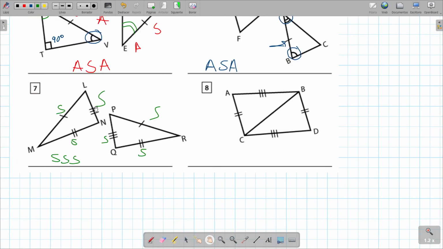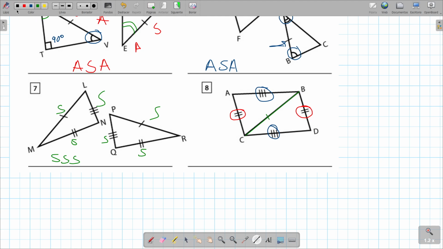The 7 and the number 8 might look different, but in fact they are the same. Why? Because we have these two sides which are in common, and the third side is being shared, so the third side of course is going to be the same for them.